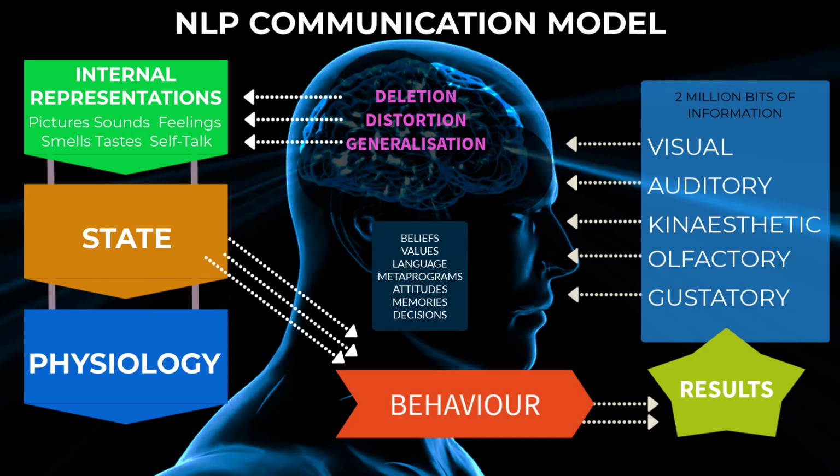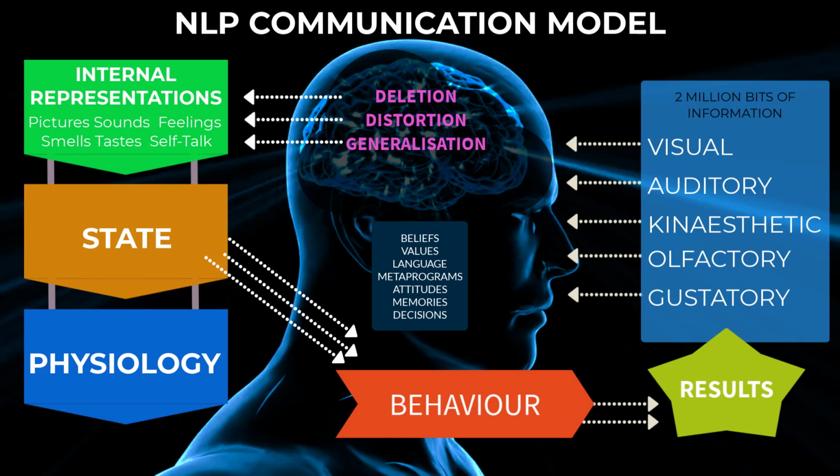So just to summarise then, we take information through our senses, it is then filtered. Once filtered, we create an internal representation which determines how we perceive things, which in turn influences our mental state, the way we feel. Our mental state then influences our physical state, our physiology, which in turn influences our responses, behaviours and the results we get in our lives.